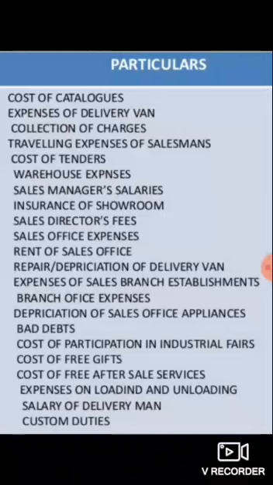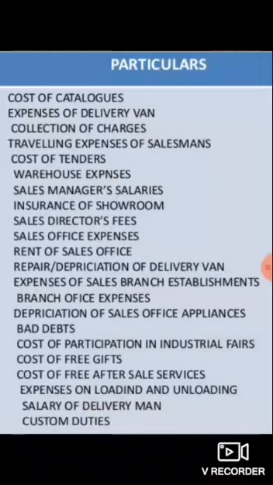And collection charges, if there are service charges and other charges, those are added. Traveling expenses of salesman, so the salesman has to go to the consumer directly, so he has to travel, and if the company is providing traveling expenses to the salesman, those are added to the selling expenses.